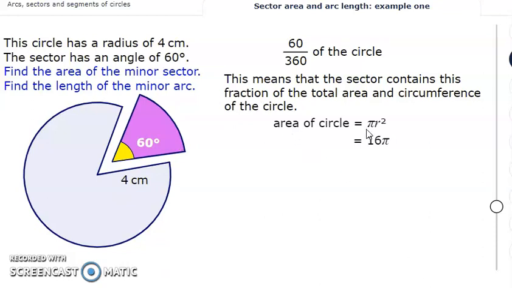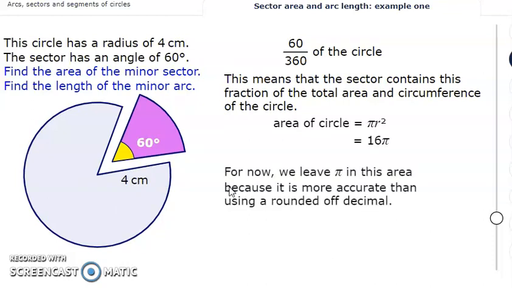Area of circle is pi r square and r is 4, so 16 pi is the area of circle. For now we leave pi in this area because it is more accurate than using a rounded off decimal.